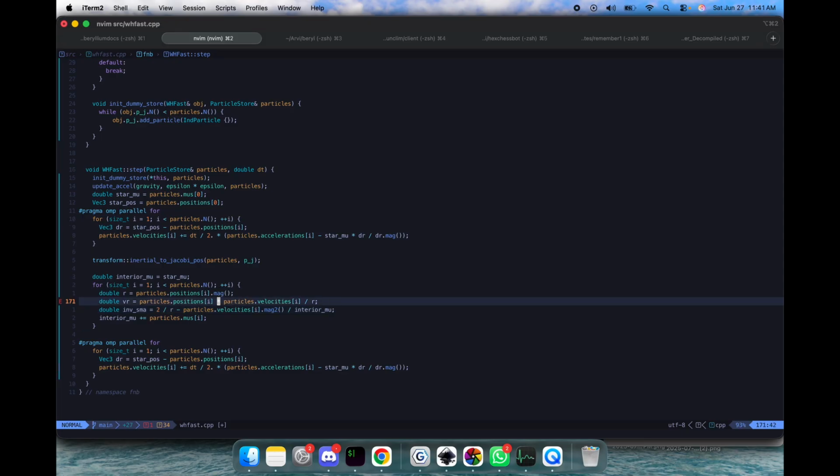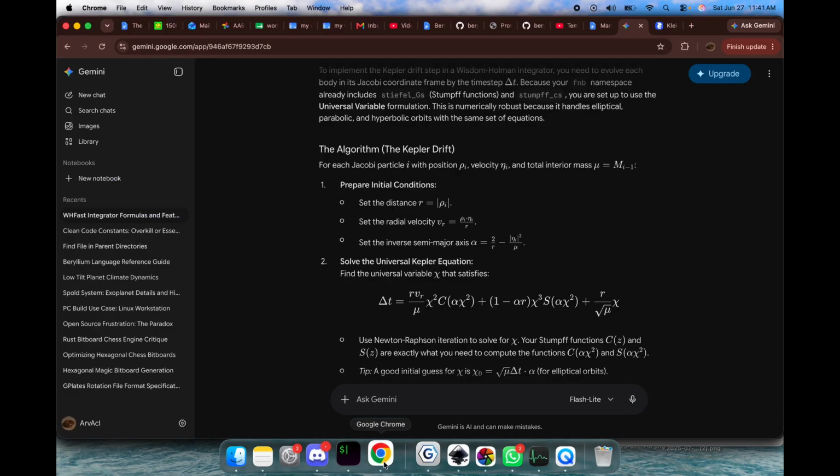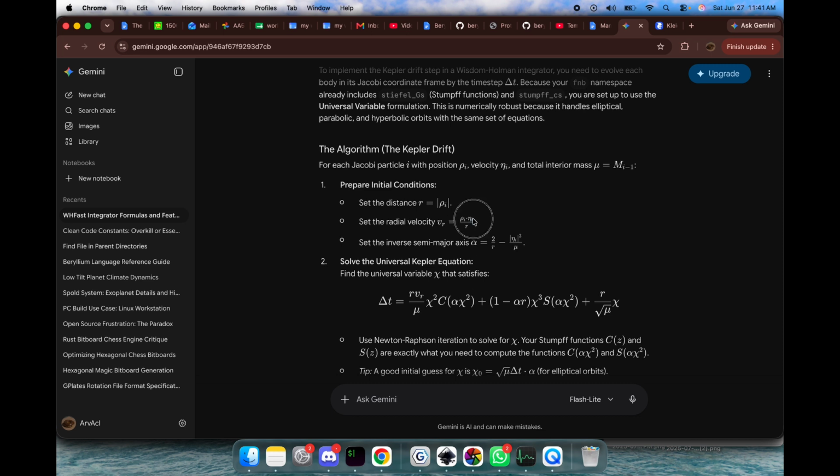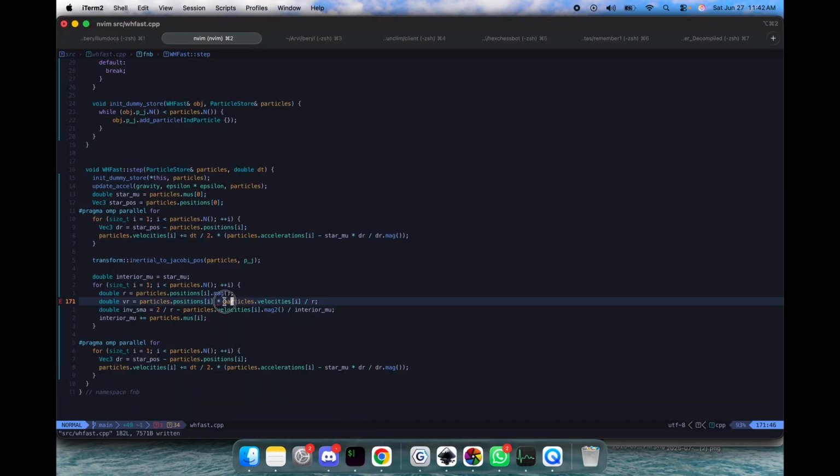What are you doing? What's the issue? Invalid binary operands. I swear that it's the radial velocity. Oh, you're right. Oh yeah, that's a dot product. I was interpreting it weirdly. Dot.